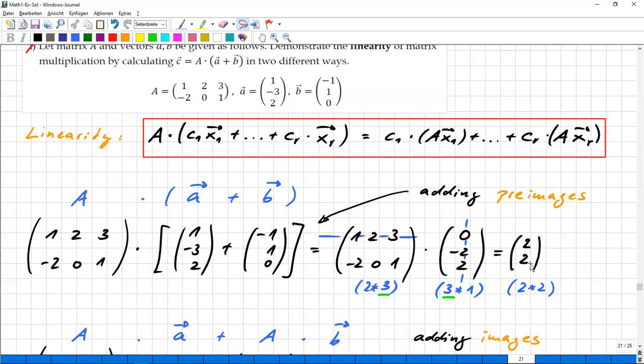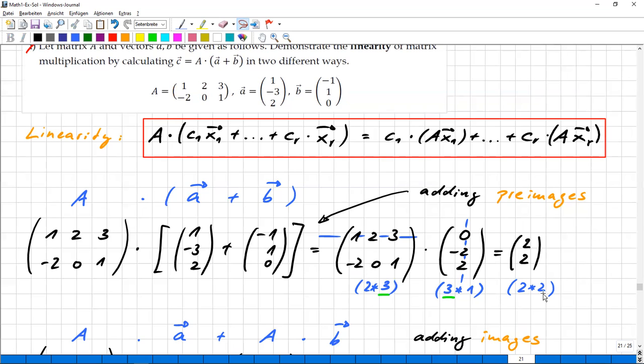This is the image vector. By the way, this works fine only if the length of these rows is exactly the same as the height of these columns. So that means if I have a 2 times 3 matrix here and a 3 times 1 matrix here, then it works. In other words, if these inner numbers are the same, okay? If they are the same, you can extract this number and this number, it means 2 times 1.